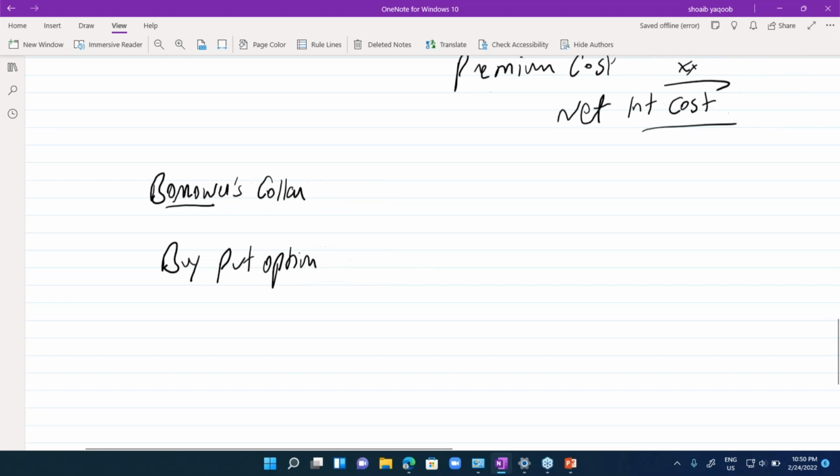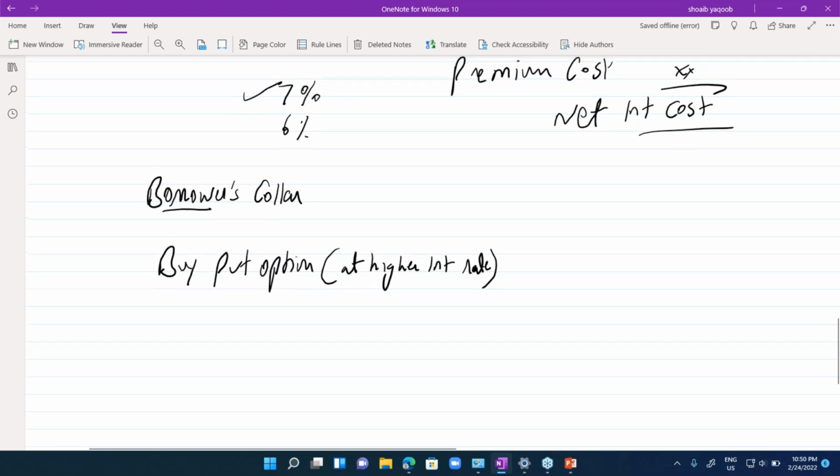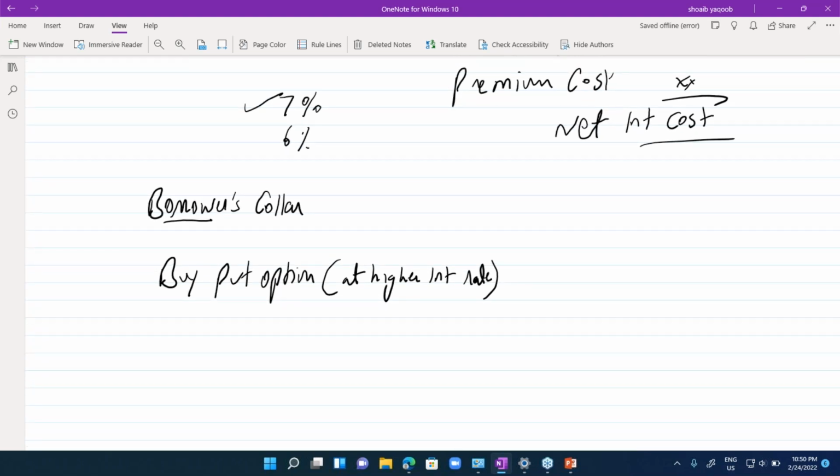Buy put option. And it's a rule at higher interest rate. At higher interest rate, or if two option prices are given, 7 or 6, put will be at 7%. At higher interest rate, you have to pay the premium.